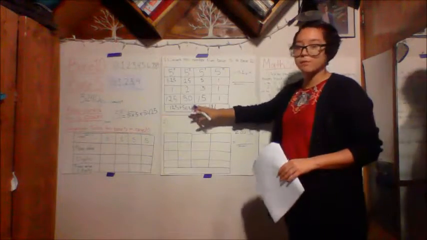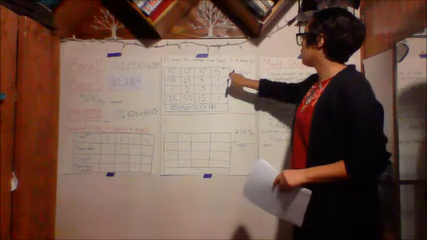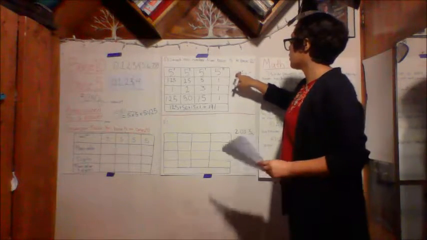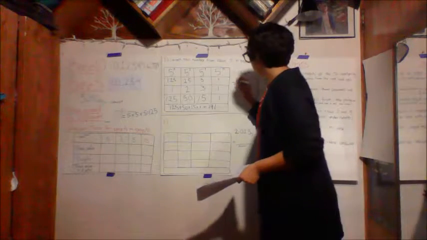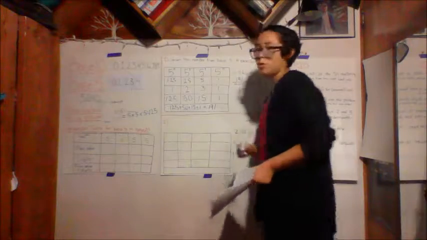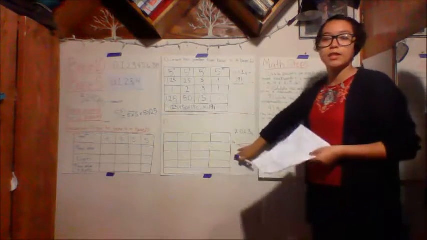Now, to officially finish this, we write that in our answer space right above here. So 1,231 subscript 5 equals 191.